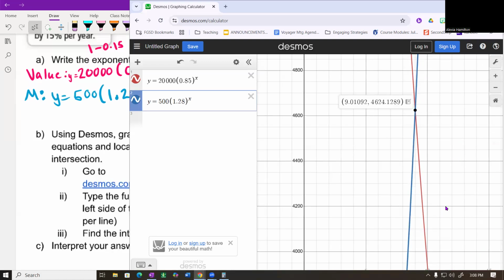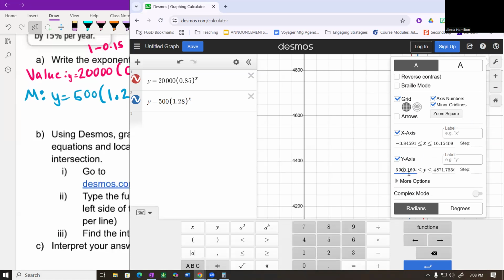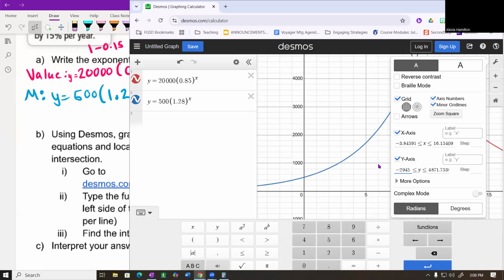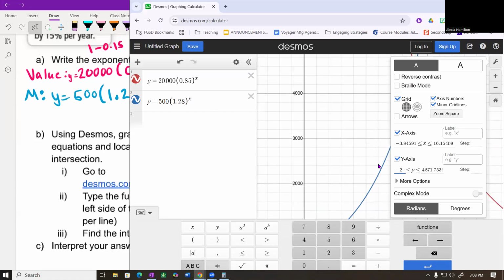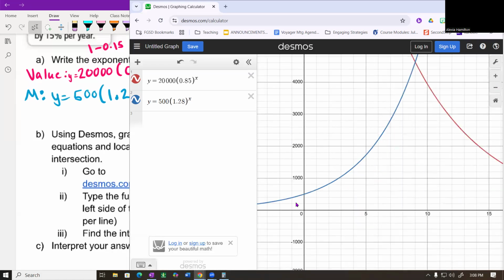You could do the same thing with the y-axis and be like, well, I don't need to be at negative 3,000. I could make it like a negative 2,000. And then you actually see the shape of the exponential graphs. So Desmos is a really fun tool. I definitely recommend that you play around with it.